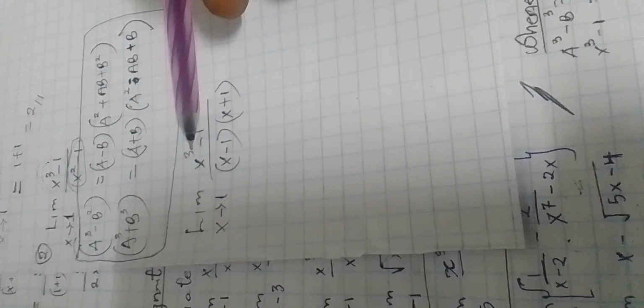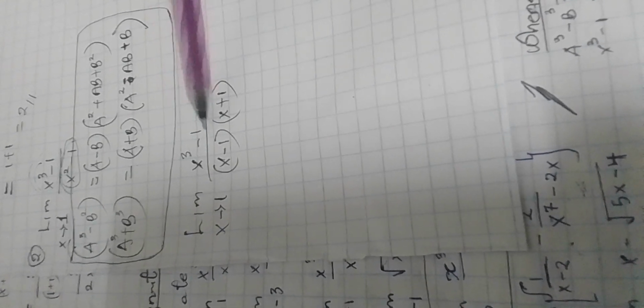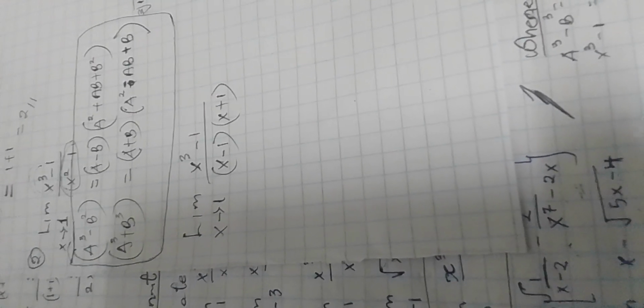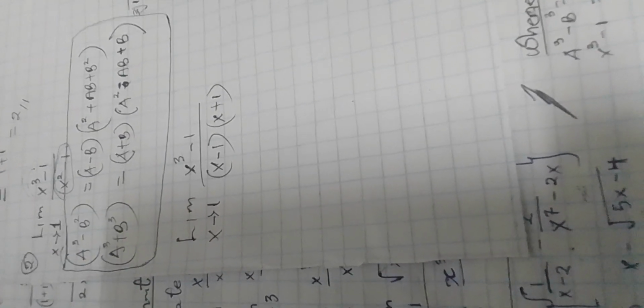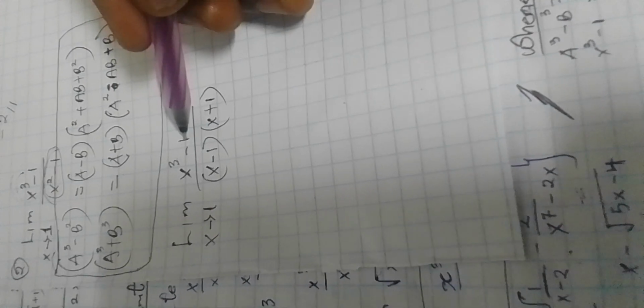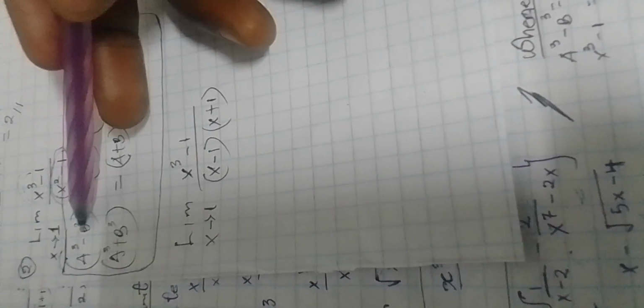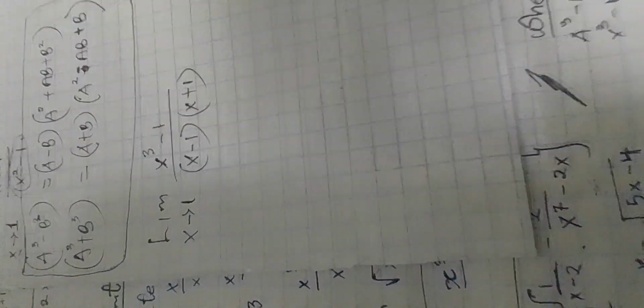We can see that x cubed corresponds to a cubed, minus b cubed. Here we can find its cube root. The cube root of 1 is 1, so it represents our b cubed, not squared. Sorry.